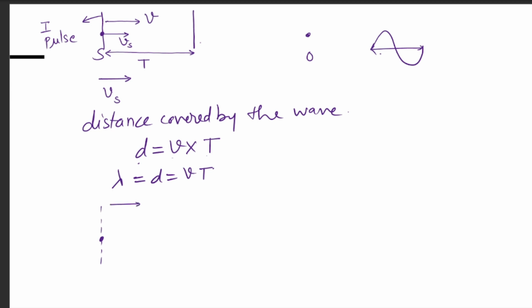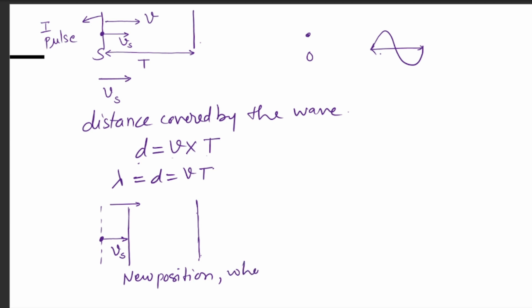Sound reached here, and the source will emit the next pulse when sound is reaching here. But the source also covered a certain distance with velocity Vs, and in time T the source may have reached a new position.